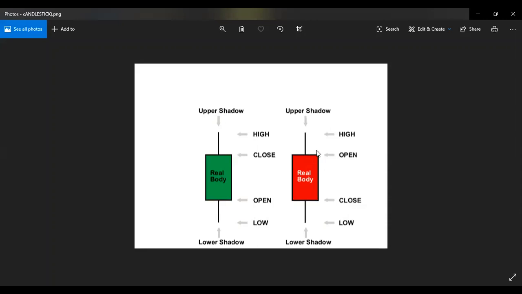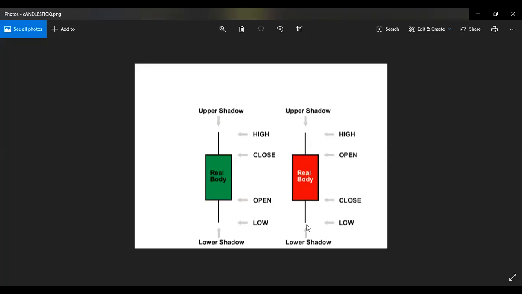So price opened here. Let's assume this level is 6,000. Price opened at 6,000 and closed at, let's say, around 4,000. So price dropped from the high towards the low. And during the trading session, the high and the low for the bullish are still the same for the bearish as well.